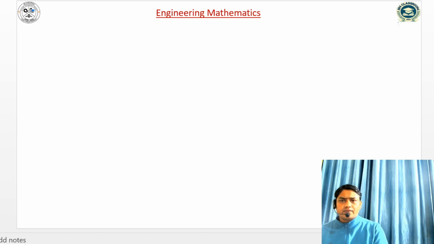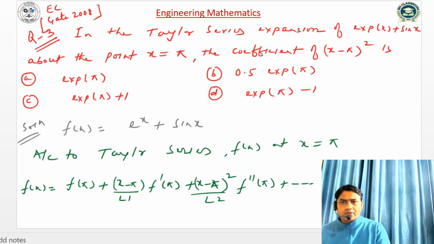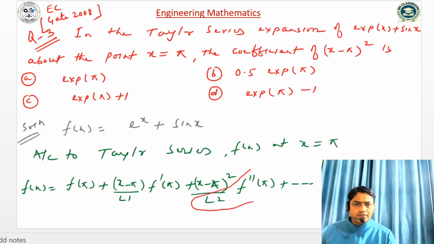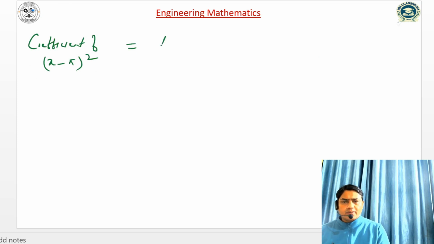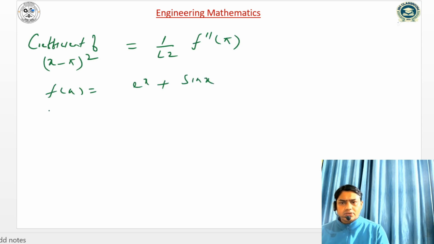So we have to take the coefficient of (x minus pi) whole square. Here we can see that the coefficient of (x minus pi) whole square is 1 by factorial 2 f double dash (pi). So firstly, the function is e to the power x plus sine x. So f dash (x) is e to the power x plus cos x.